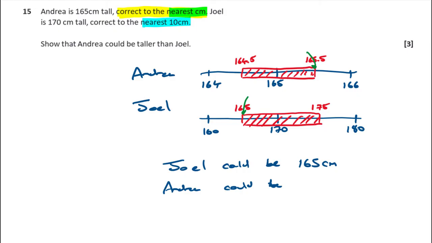Now, strictly speaking, if she was 165.5, she would round up to 166. Well, we can still use it as a boundary. So I'm going to say Andrea could be just under 165.5, which is taller than Joel.